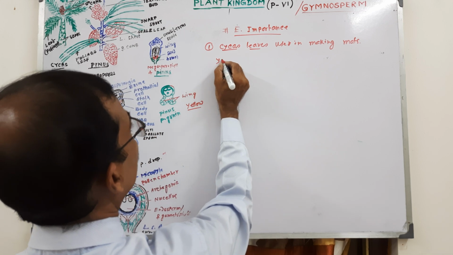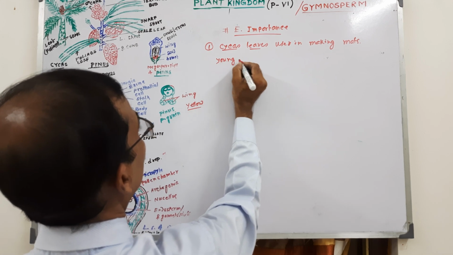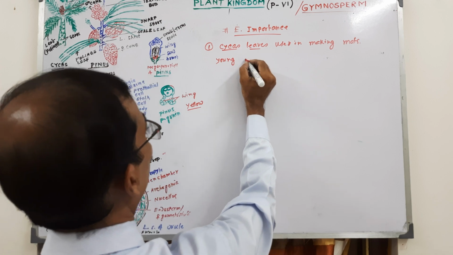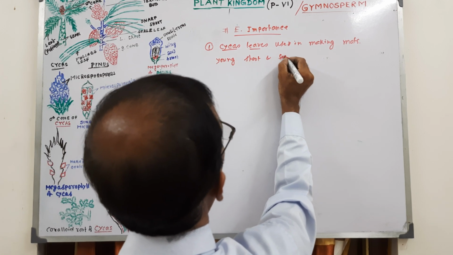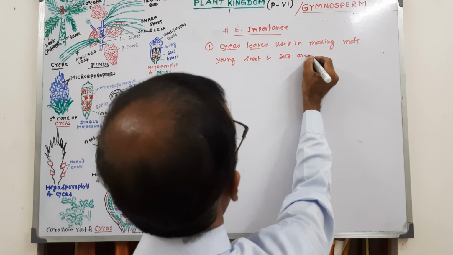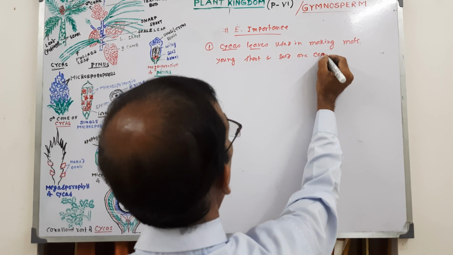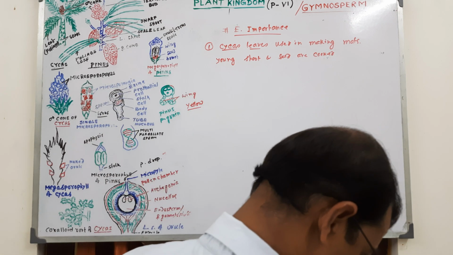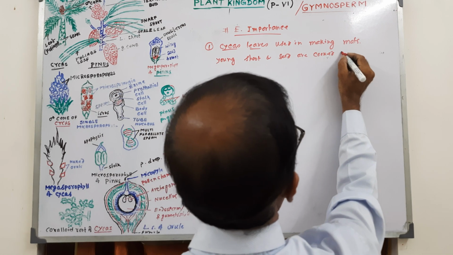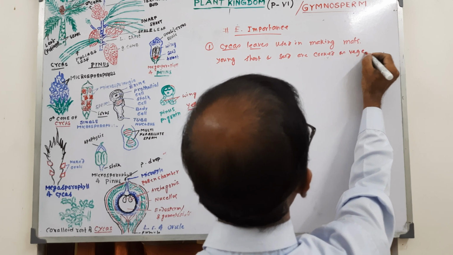Young Cycas stem, young shoot and seed are cooked as vegetables.